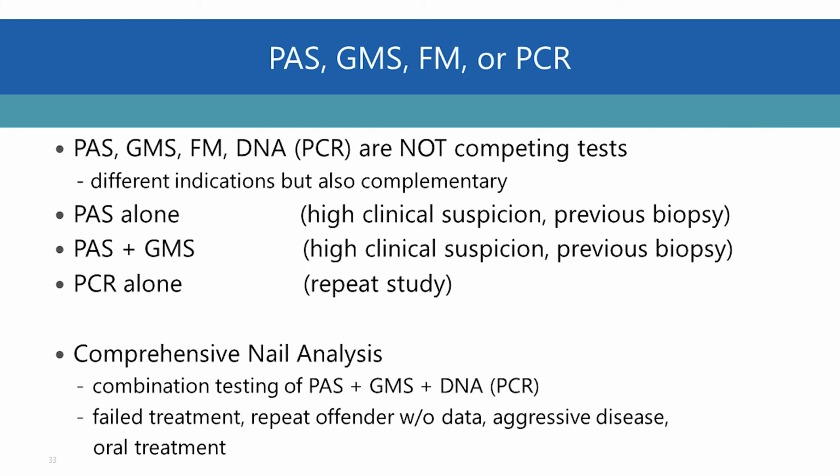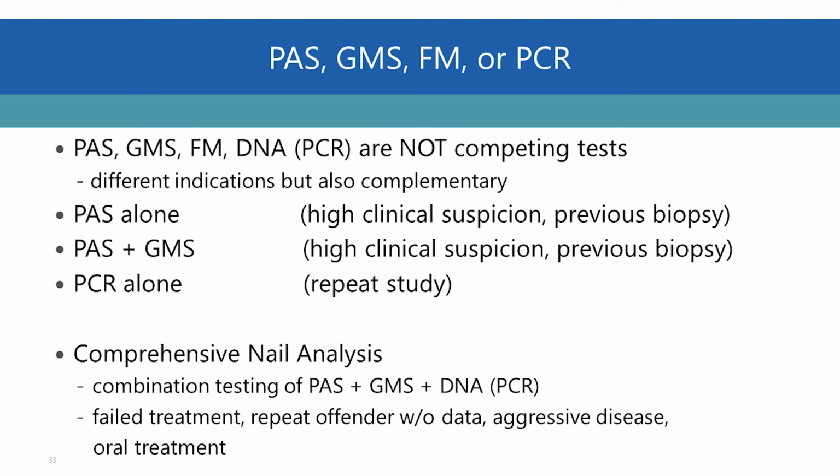Now, how do I make my decisions for when and how I do my testing? Well, in my office, if I have a patient that I've already identified an organism in 2 years ago, or a year ago, and the patient returns with a recurrence, that's a patient I'm probably just going to do a PAS stain. I already know what the patient has, or I have a high clinical suspicion of what the patient has, because of what they had.